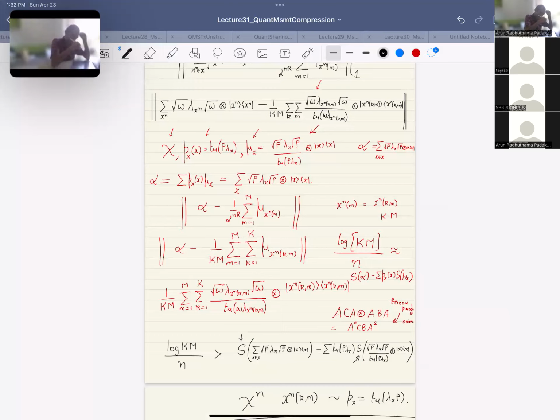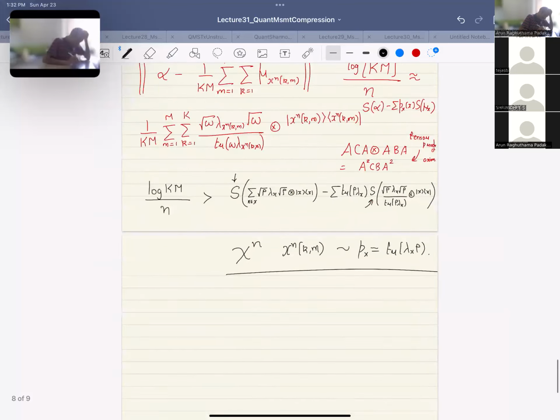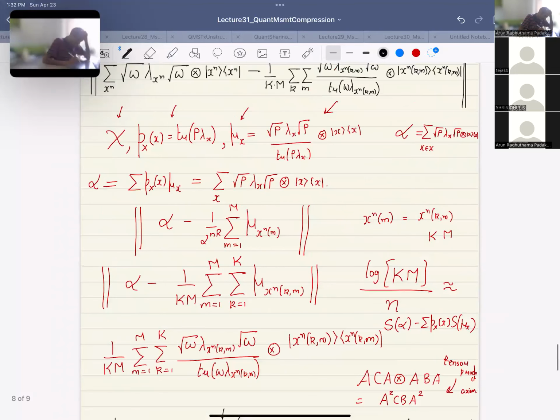But this is the idea. Let me explain what's happening. The covering lemma is telling you, if you have a quantum state alpha, how do I simulate alpha? How many states do I need to simulate alpha? Okay.